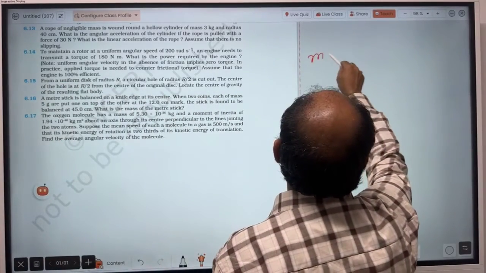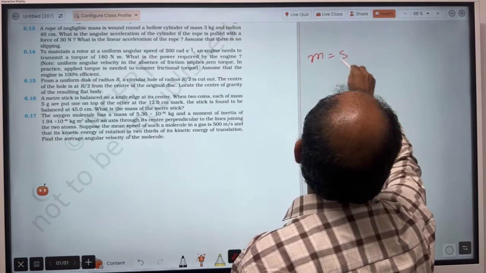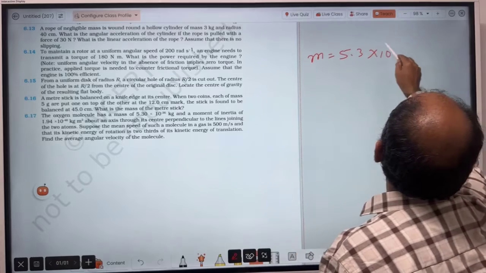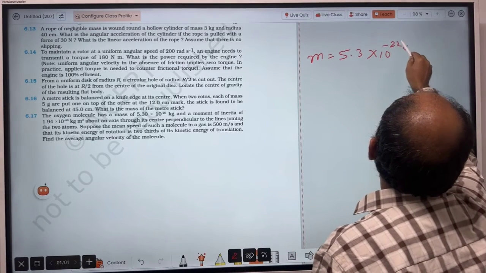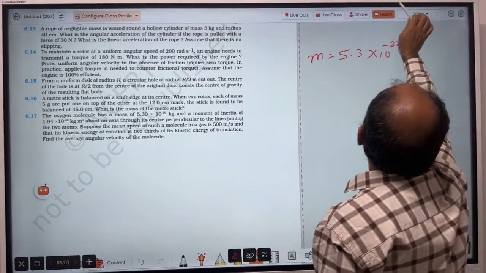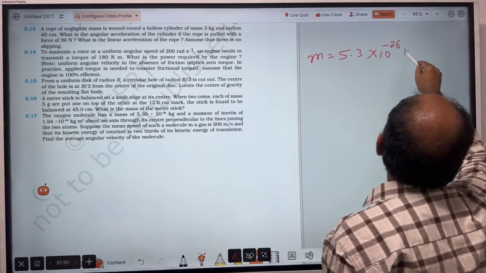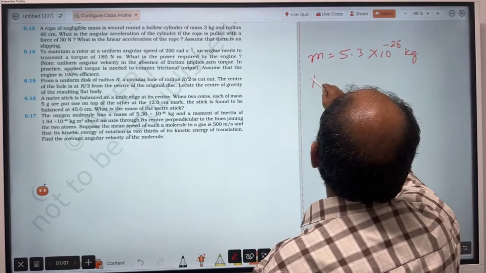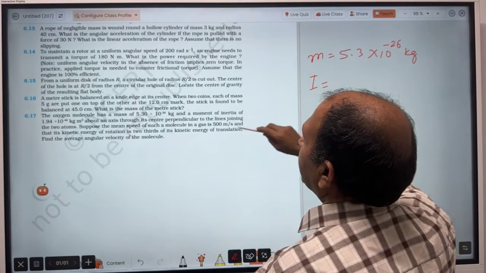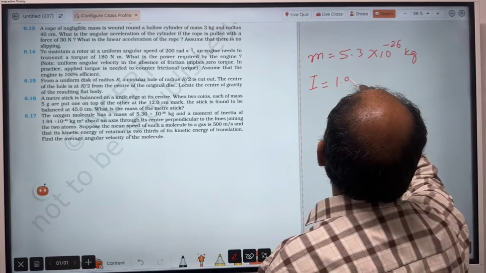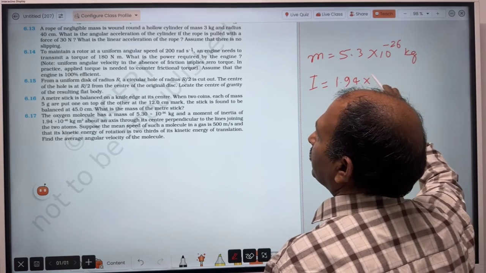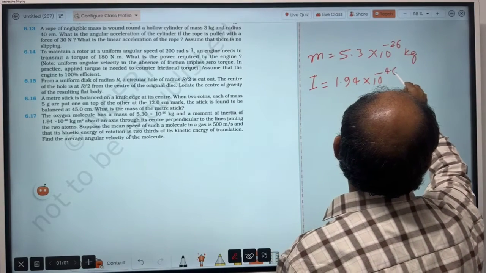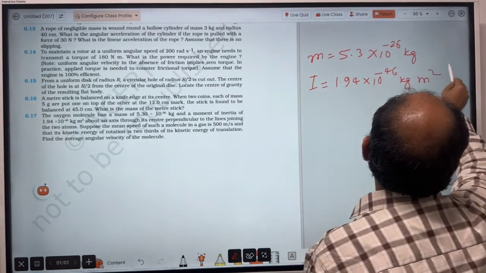So mass is given as 5.3 into 10 to the power minus 26 kg, and moment of inertia is also given. I equals 1.94 into 10 to the power minus 46 kg meter square.